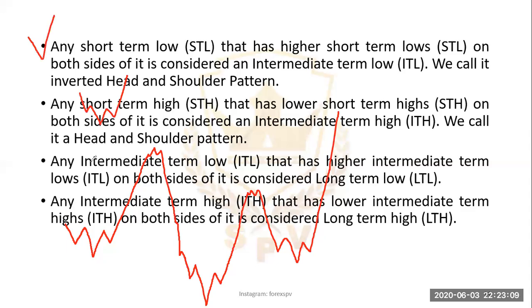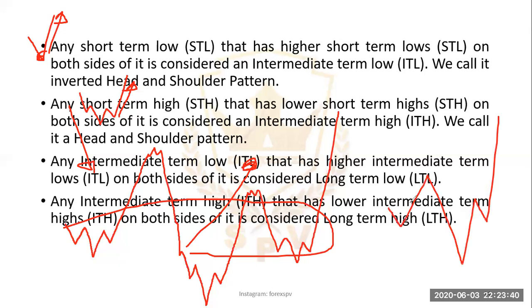For a short-term low, the swing that will be formed here will be a short-term swing. This will take a few days, and this will take almost a month or two if you find a long-term low like this. When you go to the daily time frame, you find an inverted head and shoulder, and when you go to the H4, you find this. Usually that occurs like that.